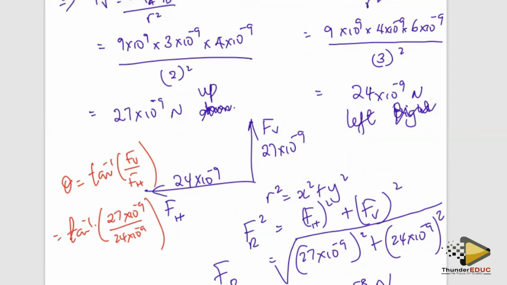If I put this into my machine, what am I having? 48.37, or 48 degrees. So that will represent our angle, and then that is our magnitude. Alright, so that is if we are being asked to determine the electrostatic force or the net electric force.